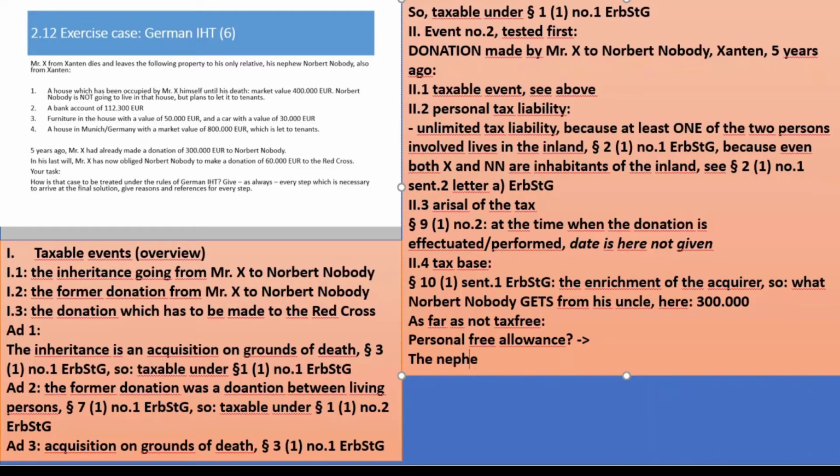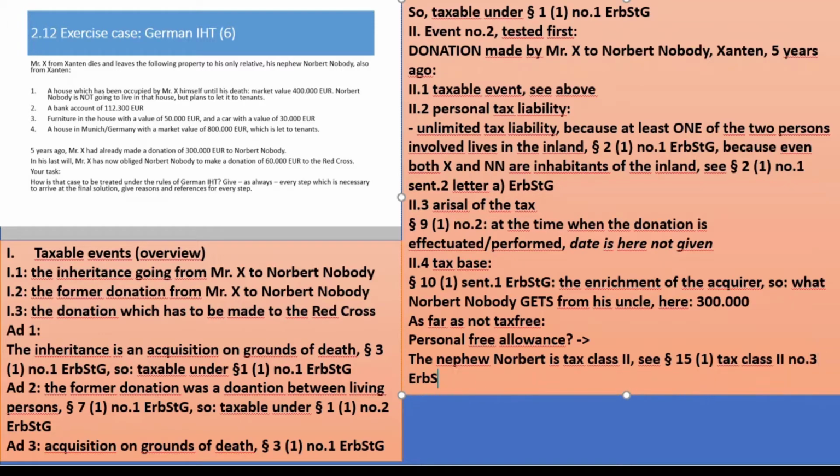The nephew Norbert is tax class 2, see paragraph 15.1, tax class 2, number 3 of the Inheritance Tax Act. So the personal free allowance is 20,000. See paragraph 16.